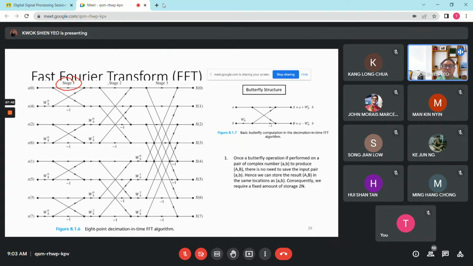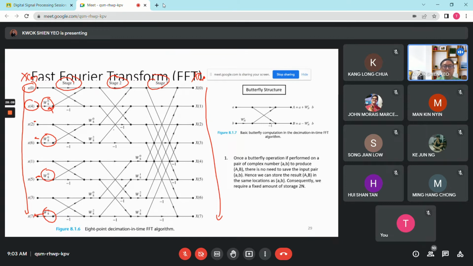Okay, so this stage 1, stage 2, stage 3, xn is written here, xk is written here. And you find that this is even, odd, therefore you have W associated to the odd entry. Okay, so you see here, they are all following the odd entry.